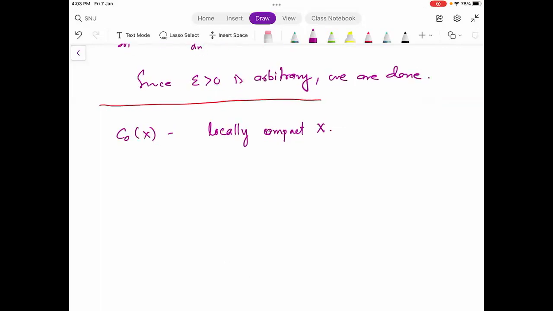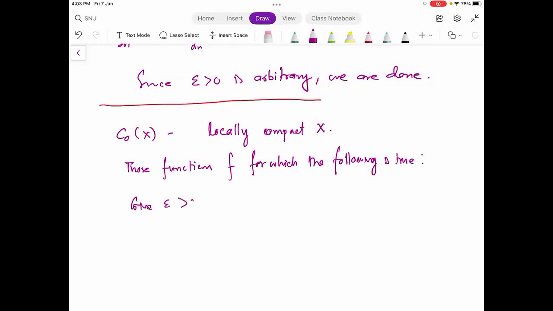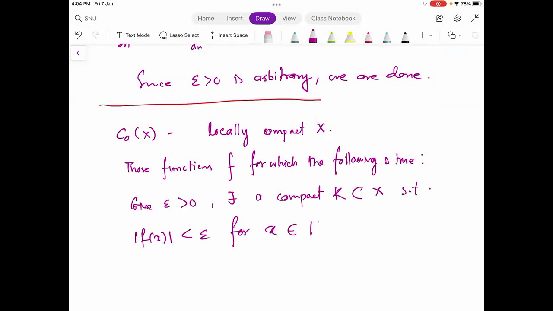C0 of X consists of those functions f for which the following is true. Given any epsilon positive, there exists a compact subset K of X such that mod f of x is less than epsilon for x in K complement.